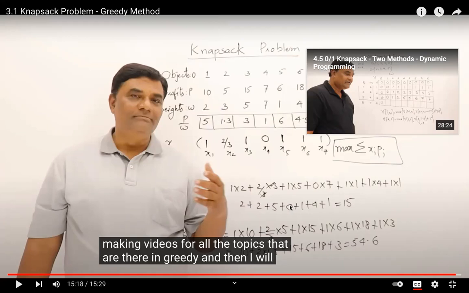So here the profit-to-weight ratio 5 is the max, right? Profit divided by weight. What I'm saying is he's not taking the same object multiple times to get the optimal solution. That's correct. He just went one time, and that's where it looks like the constraint is.